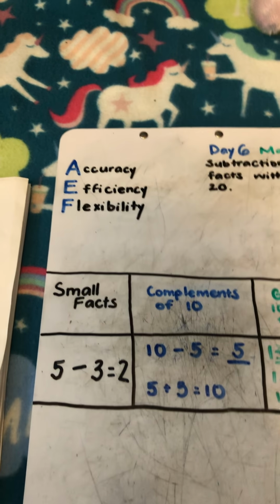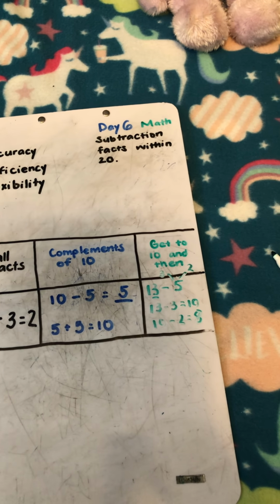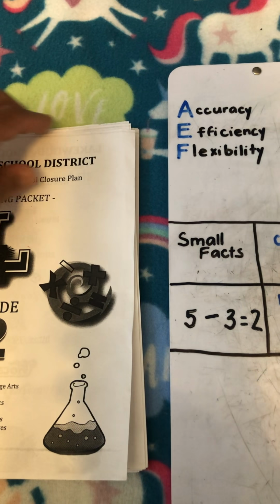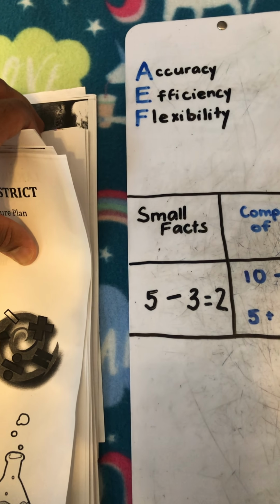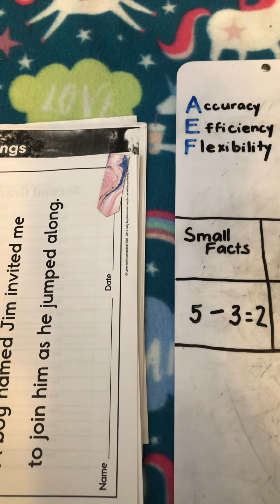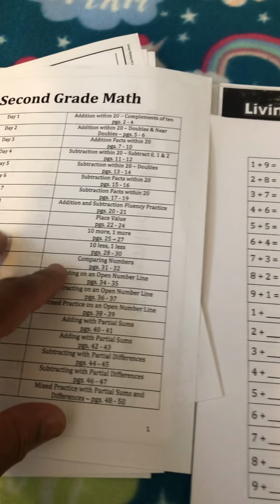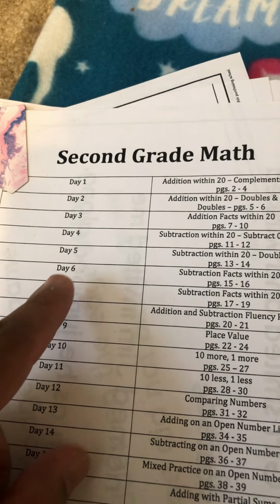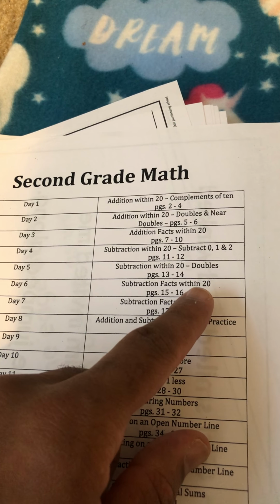So all of these steps are designed to help me today as I'm working through my packet problems. When I go to my packet, I'm going to find my math section thanks to the sticky note that I gave myself. And I can see here that for day 6, we're focusing on subtraction facts within 20.